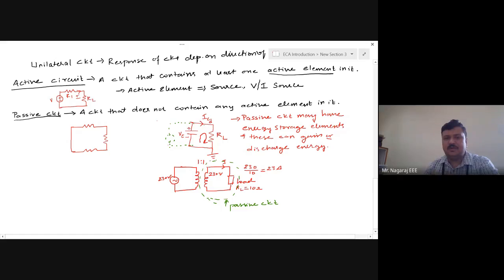So passive circuits are also useful in our system, where they can gain or discharge energy. The best example is the secondary of the transformer, which does not have any active source or active element in it. Everything is passive. Even an inductance connected to a resistance are both purely passive elements.